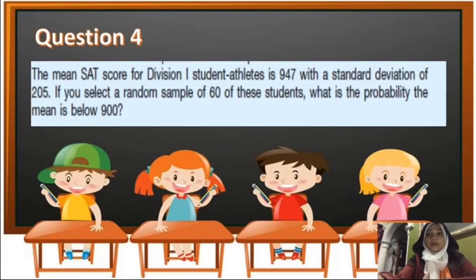For question number 4, the mean SAT score for Division 1 student athletes is 947 with a standard deviation of 205. If we select a random sample of 60 of these students, what is the probability the mean is below 900?